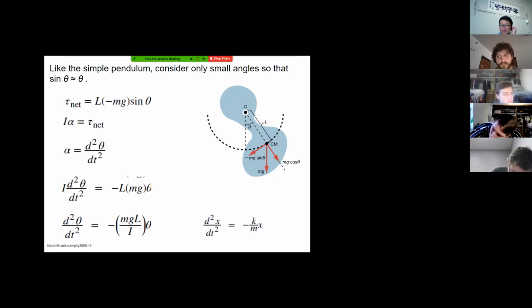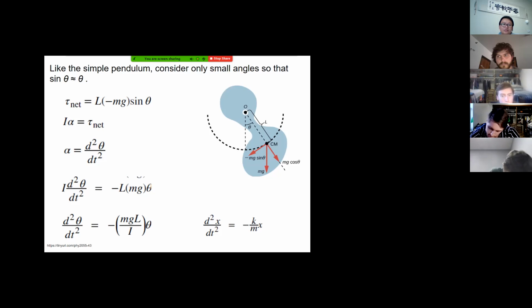Angular acceleration will be the second derivative of the angular position, d squared theta over dt squared. So that will be alpha. You replace alpha with the second derivative of theta with respect to t, so I times alpha becomes I times d squared theta over dt squared.